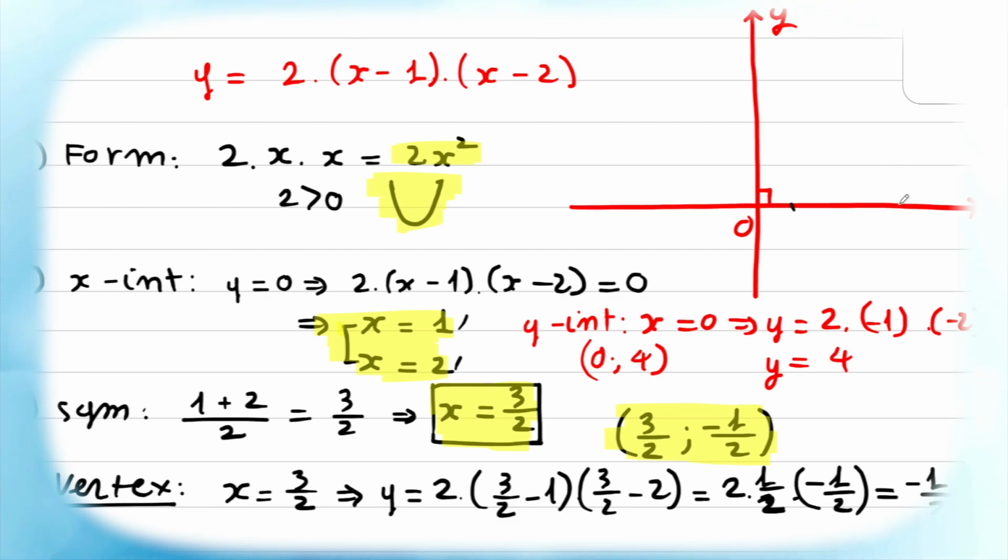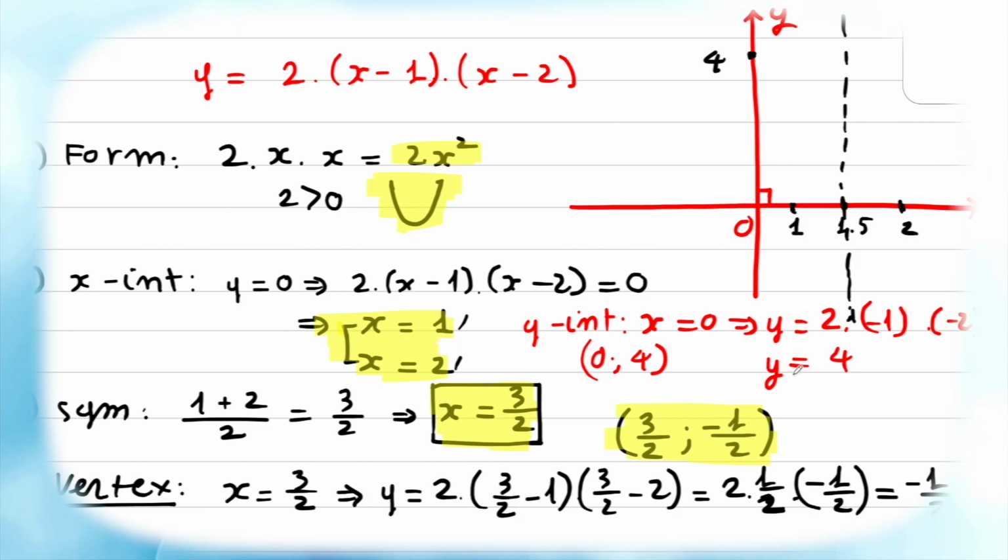Here is 1, here is 2. And the y-intercept will be 4. 4 will be here. Yes, 1 here, 2 here, 4 here. The symmetrical line will be the midpoint between them. You get 1.5 here. I have the line, the vertical line will be this.